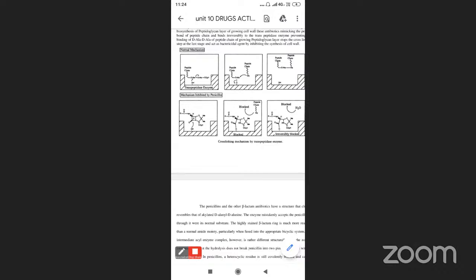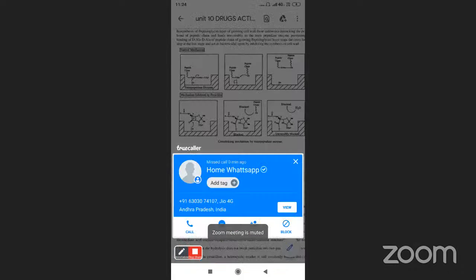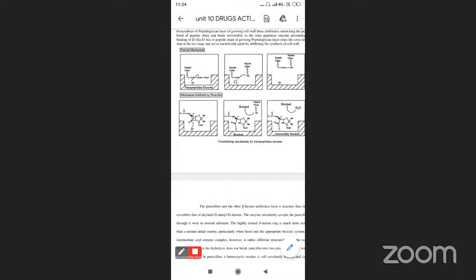So what happens in competitive reversible inhibition? What is competitive inhibition here?